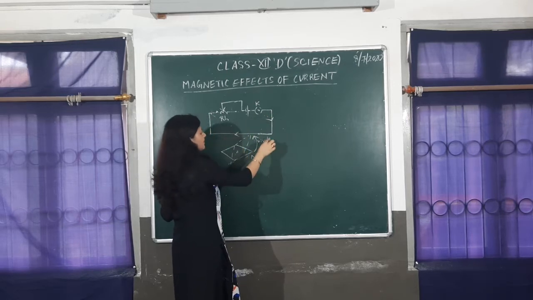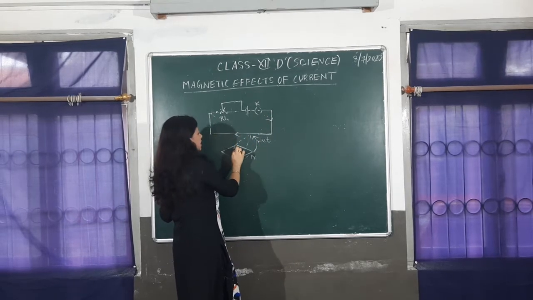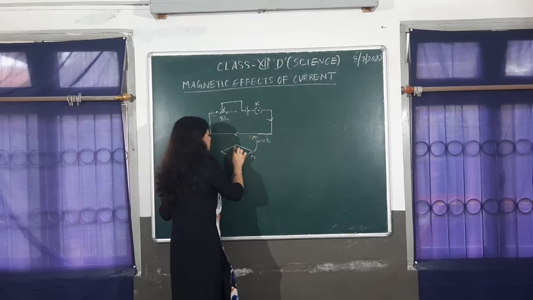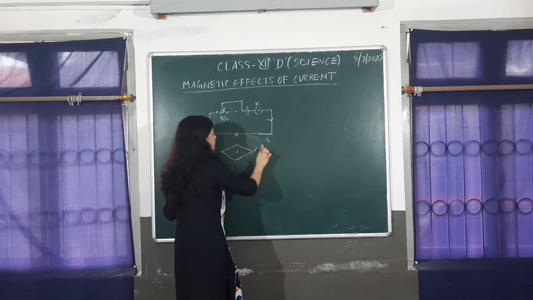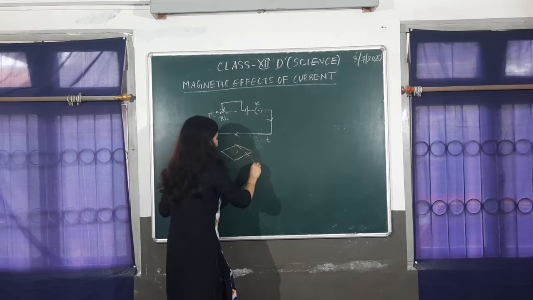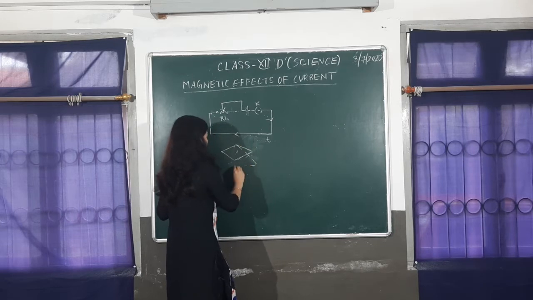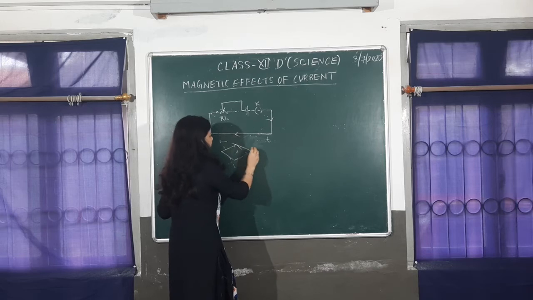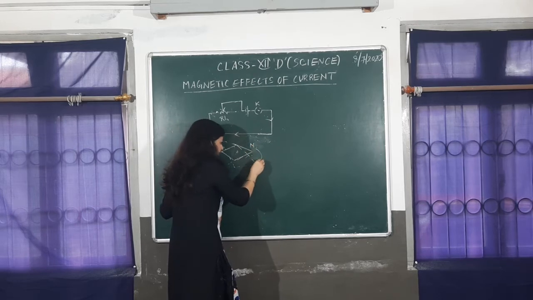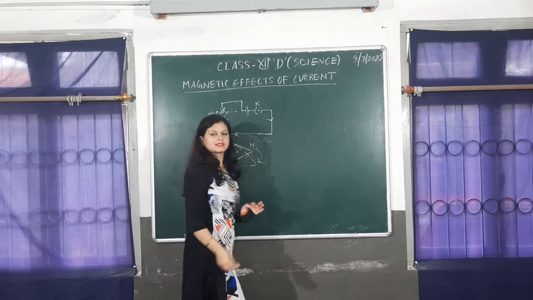Now the current will be moving from right to left above the needle, and he saw a change in the deflection of the needle. The needle deflected this way. That means the north pole of the needle deflected towards the east.